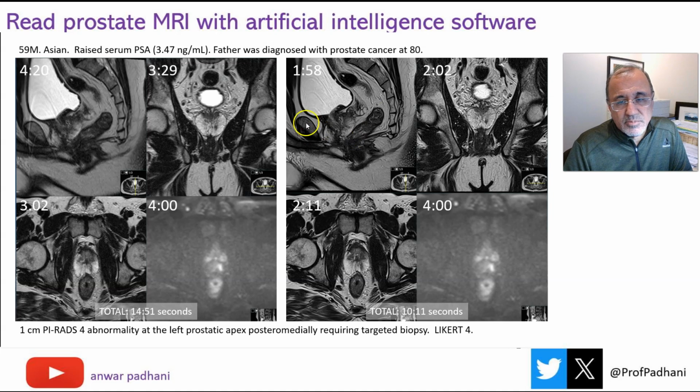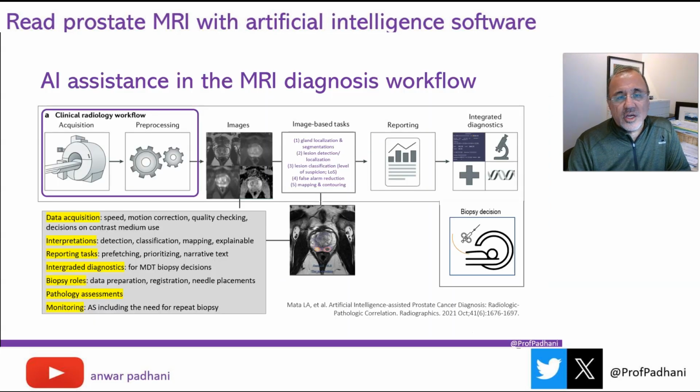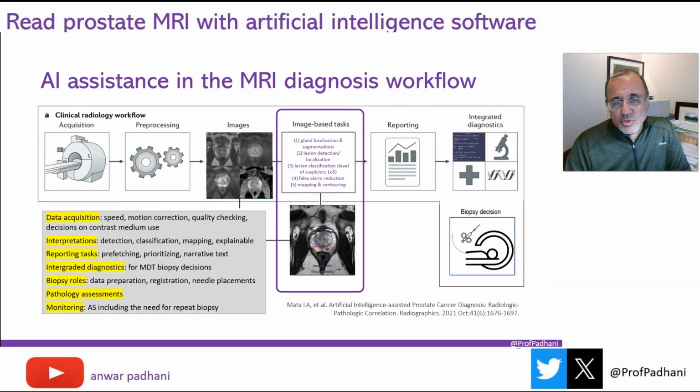The same sequence in the sagittal plane again in about 2 minutes, much better controlled for artifacts, and here is the small PI-RADS 4 lesion here and here are equally well seen. You'll notice I haven't used the Deep Resolve Boost to accelerate the diffusion sequences on this occasion. But let's talk more now on the analysis of the images.